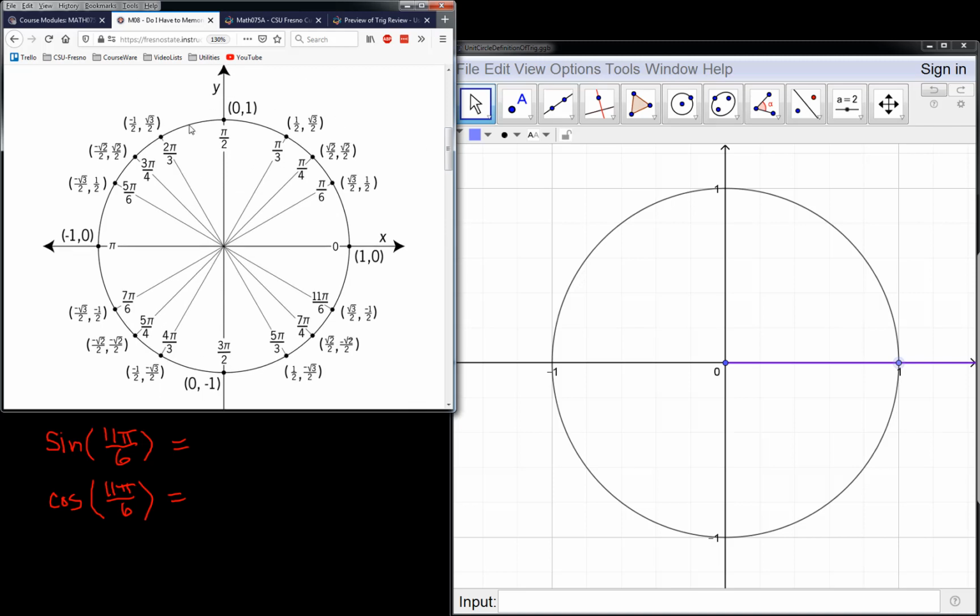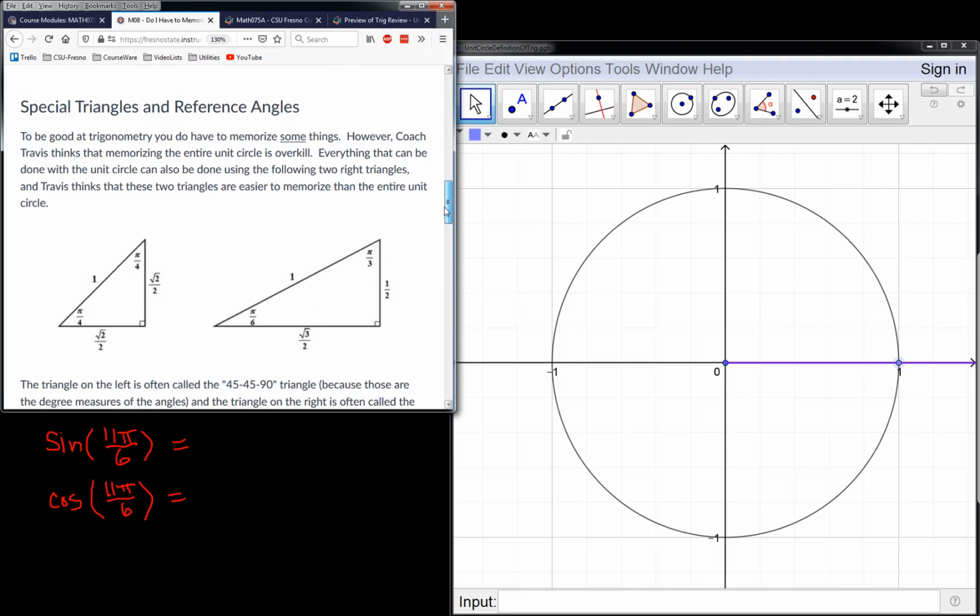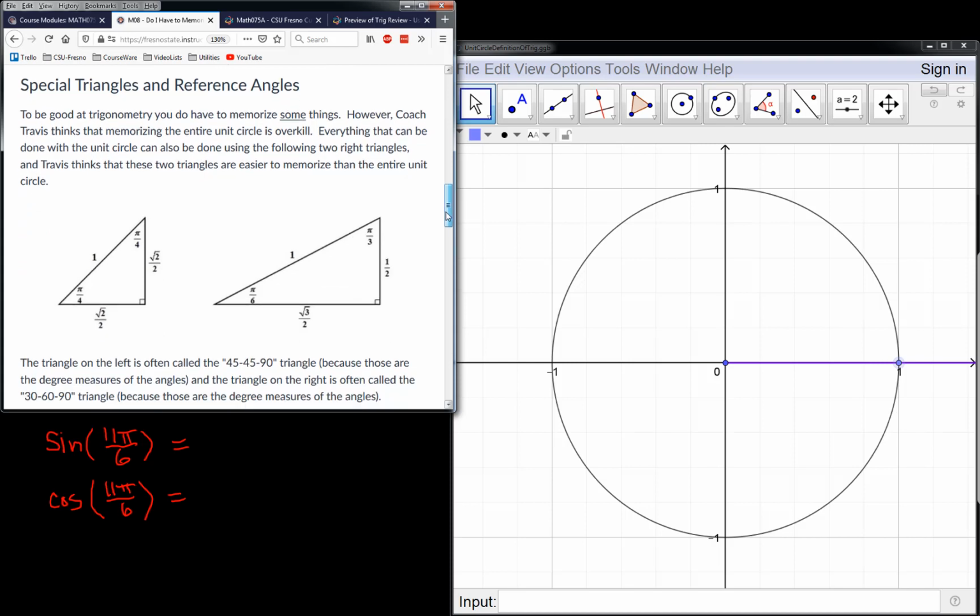That's a lot to memorize. I don't memorize that whole thing. I think there's an easier way, and kind of a better way. And that way is instead to use reference angles and to use special triangles. These are the two special triangles that we use.